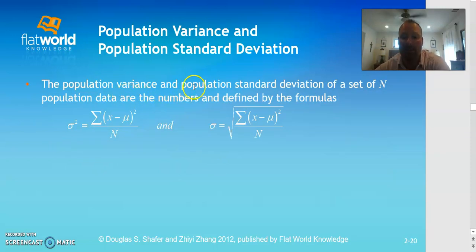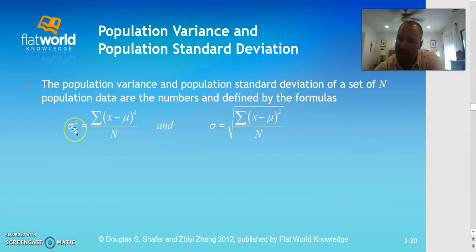So the population variance. One thing I want to separate between is this Greek symbol here, which actually is called sigma, S-I-G-M-A. That represents the population variance.